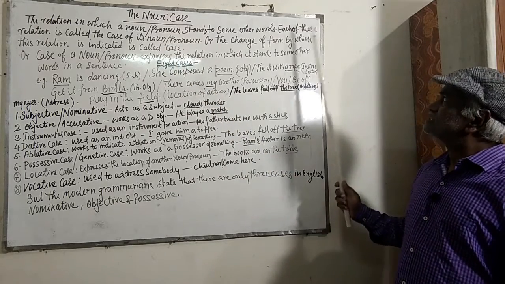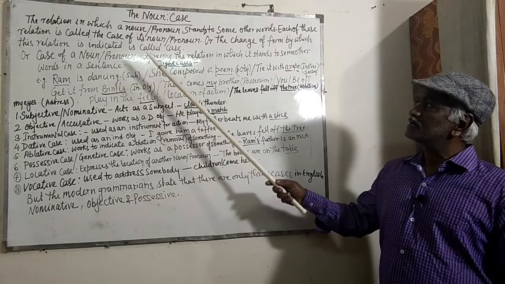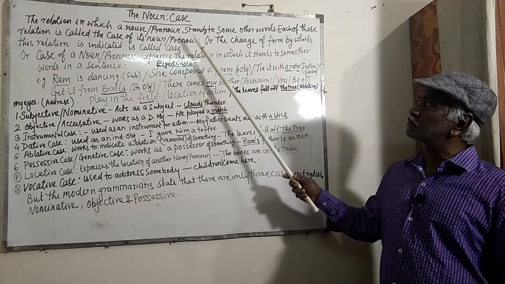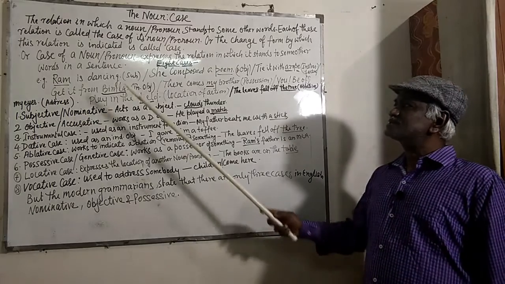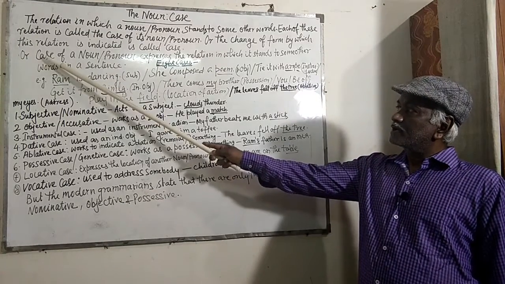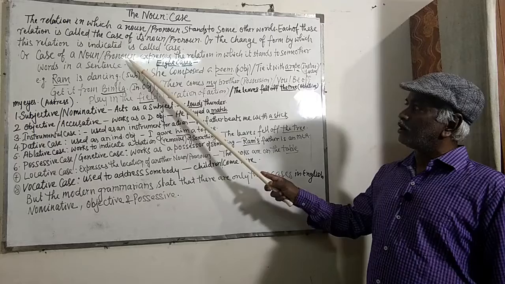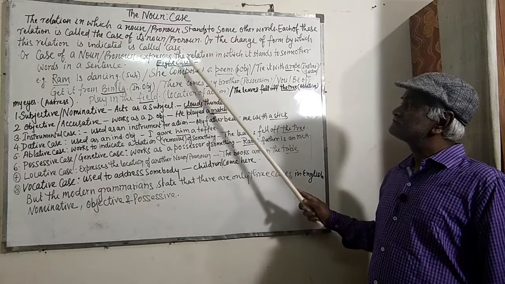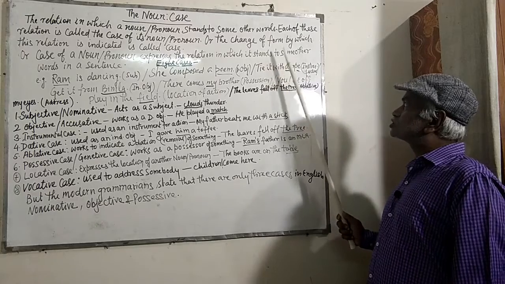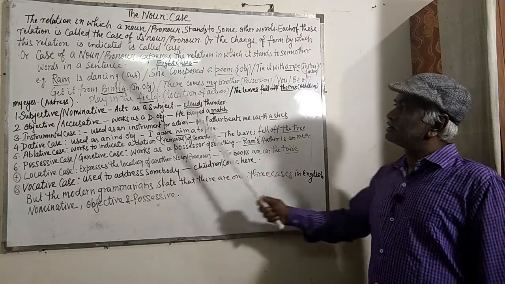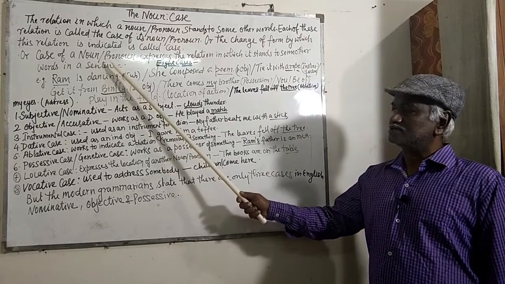That means each of these relations is called the case of its noun or pronoun. In simple terms, we can say the case of a noun or pronoun expresses the relation in which it stands to some other words in a sentence.